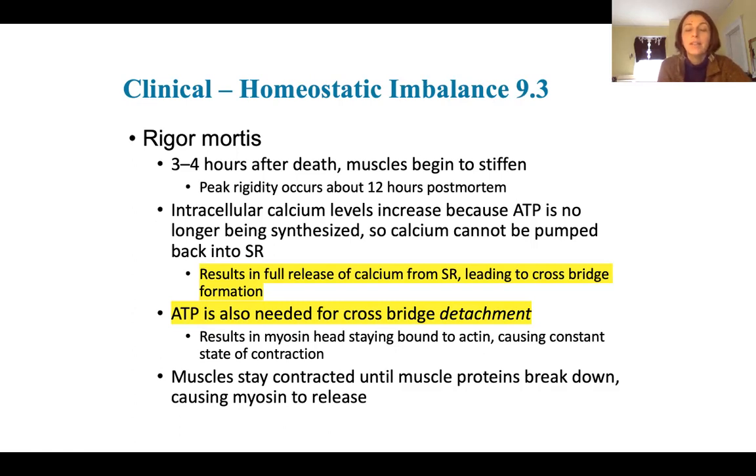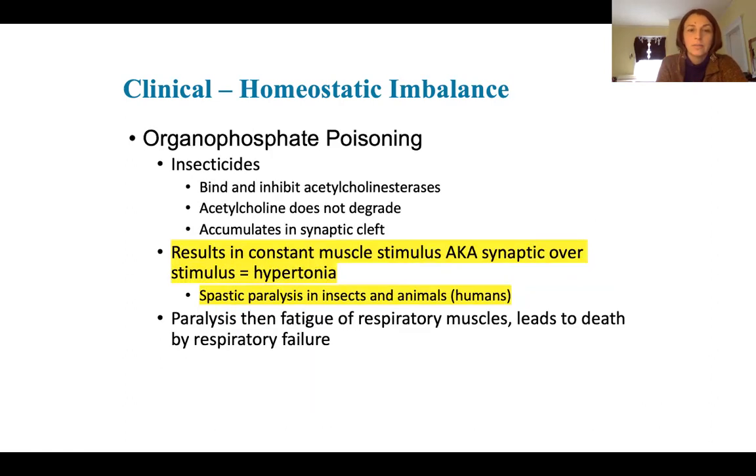Eventually the proteins break down and the myosin releases. So there's a period starting at about 12 hours and lasting several hours of rigor mortis, and then the protein breakdown causes the heads to detach.